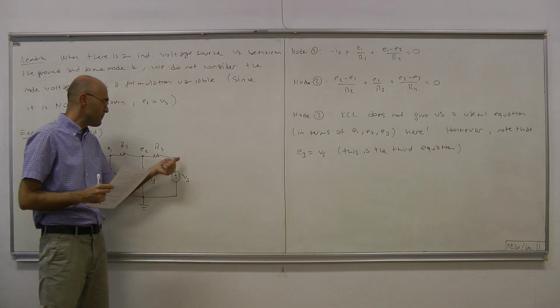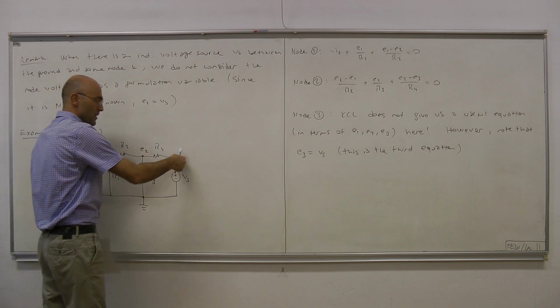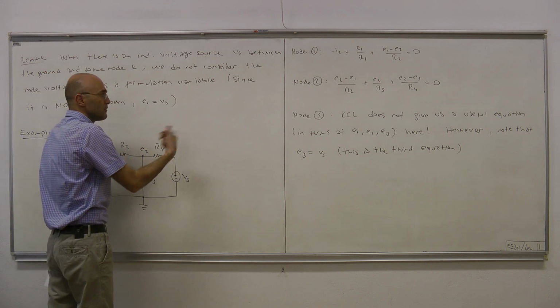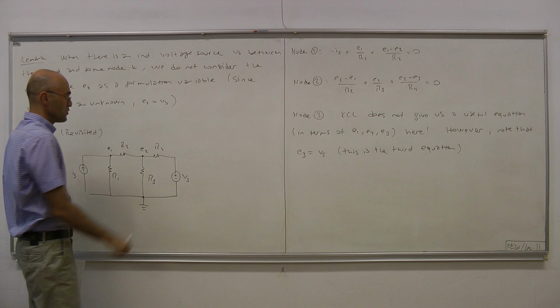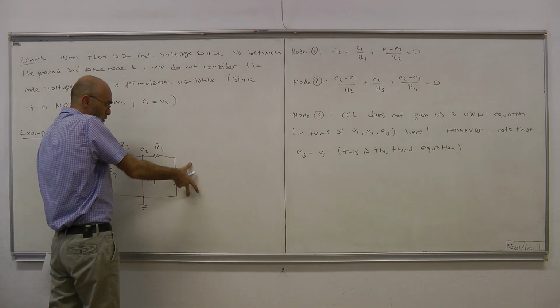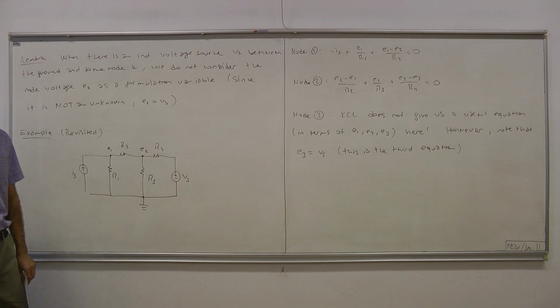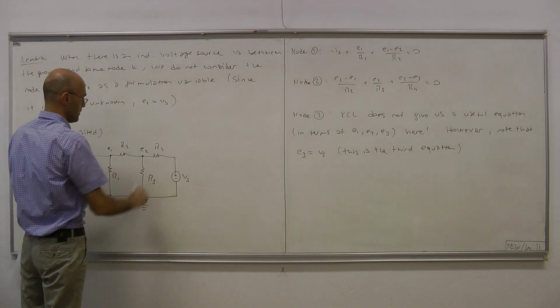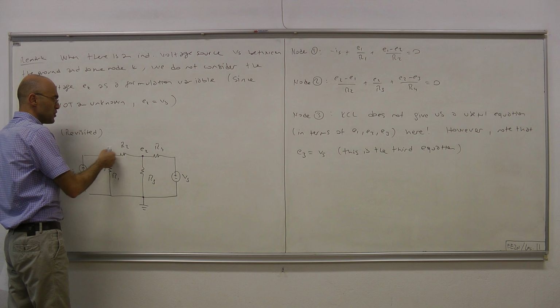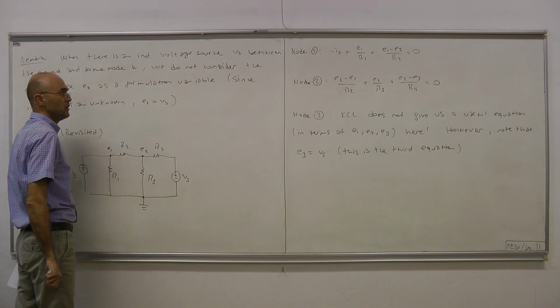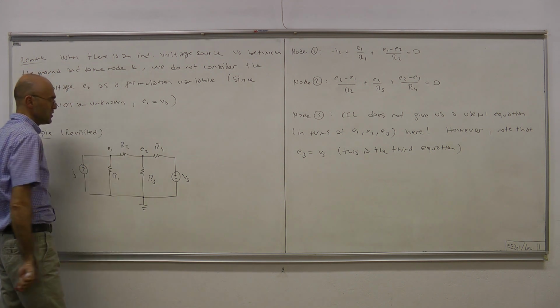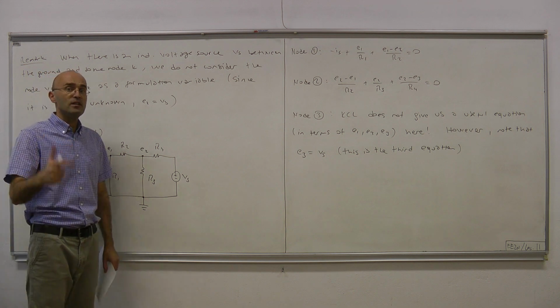But now we see that introducing E3 as an unknown is just a waste of time, because we directly know that it's Vs. Therefore, we don't have to do any labeling for that node. That means we have just two unknowns, E1 and E2, and that's a great relief, because that means we need only two equations.